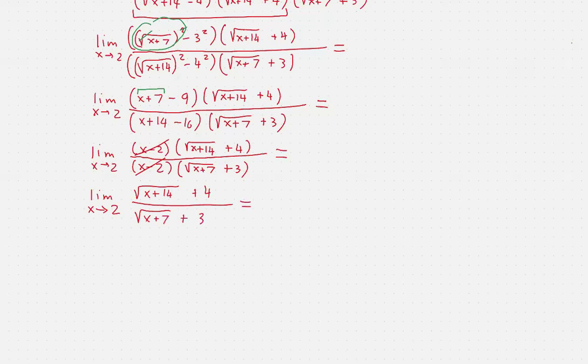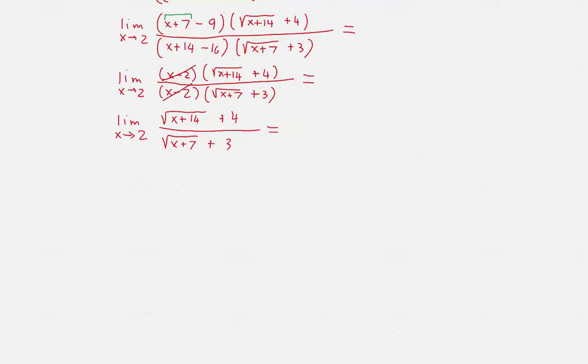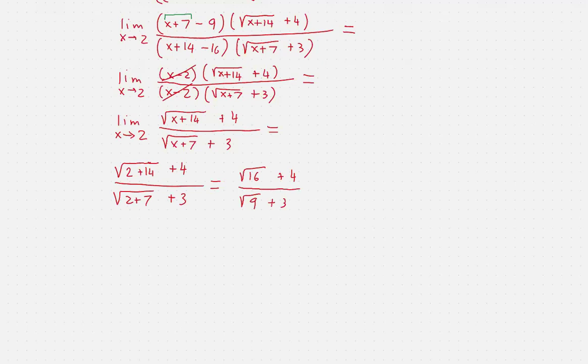So this becomes square root of 2 plus 14 plus 4 over square root of 2 plus 7 plus 3, which is equal to, let's work this out, square root of 16 plus 4 over square root of 9 plus 3, which is 4 plus 4 over 3 plus 3, which is 8 over 6. And you can leave it like that or simplify to 4 over 3.